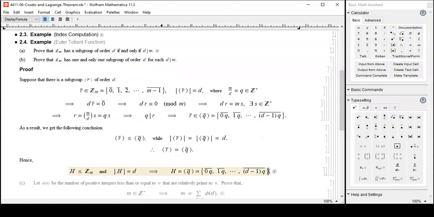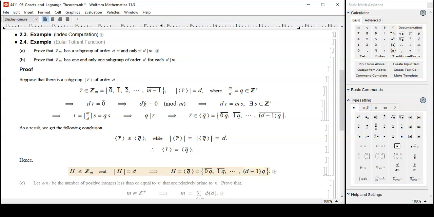So that's the conclusion. So for any subgroup, this time let me use a little bit more general expression, subgroup H with order d, that H is actually the cyclic subgroup generated by q bar.